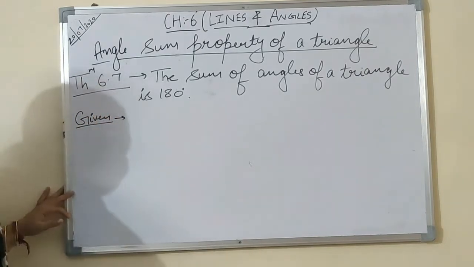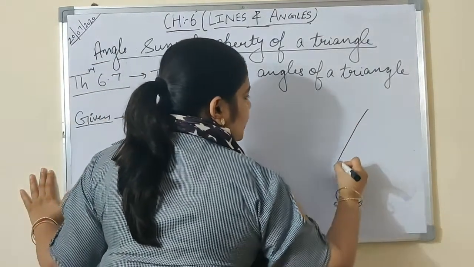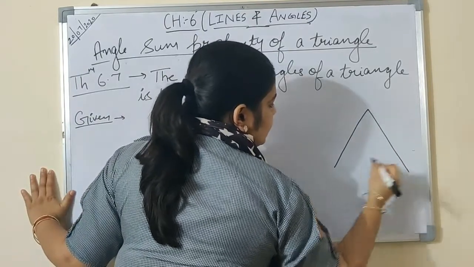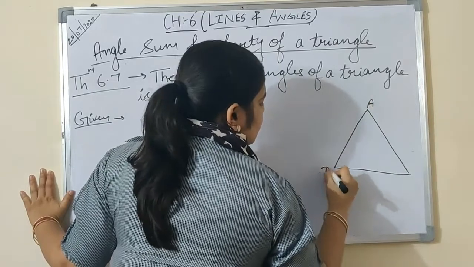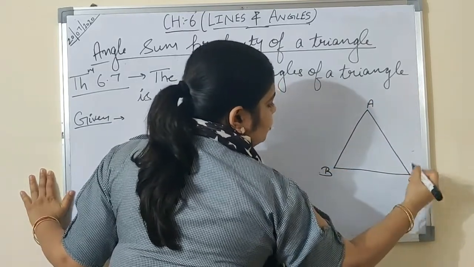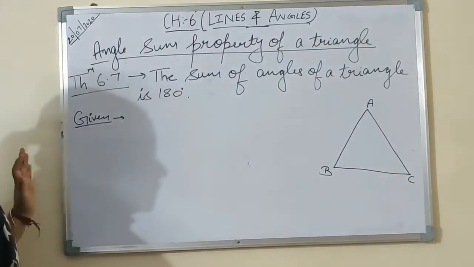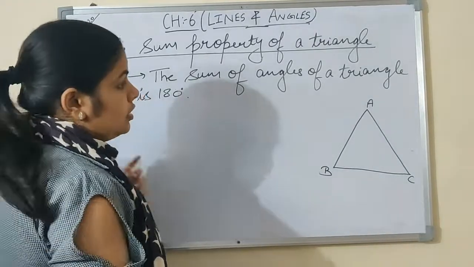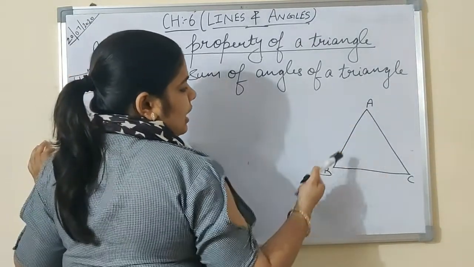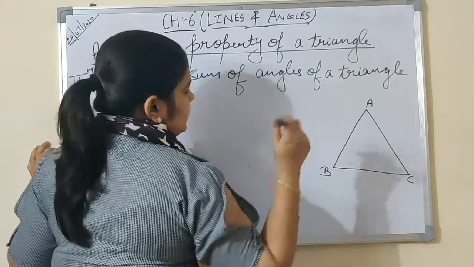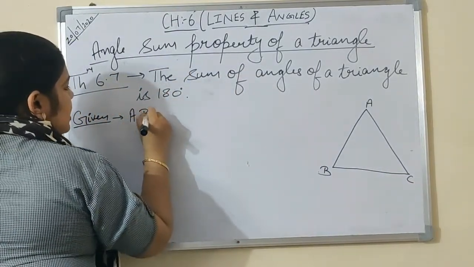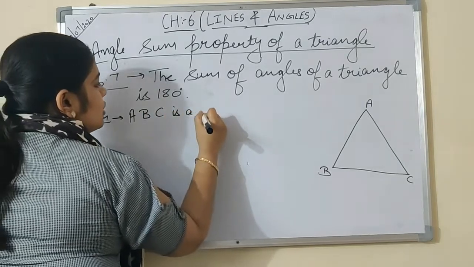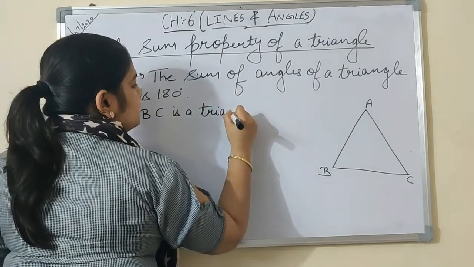First of all, we will be drawing the figure according to the given statement. As in the statement, we have to take a triangle for this theorem to be proved. So I have taken a triangle and named it ABC. I am writing here that given is ABC is a triangle.